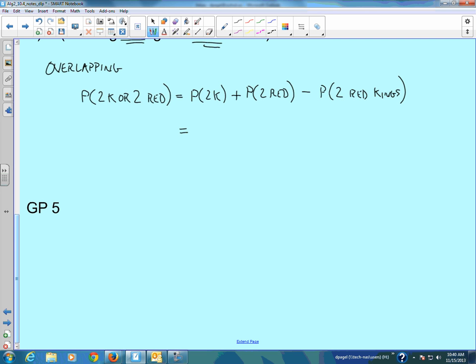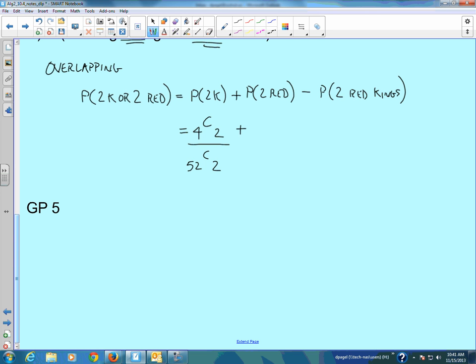So that is a 4C2 way of pulling kings out. Now that's the numerator part of the probability. The denominator, I have 52 total cards, but out of those 52, how many ways can I draw 2 of them? Well, that's a 52C2. So there's your probability of just getting 2 kings using combinations.